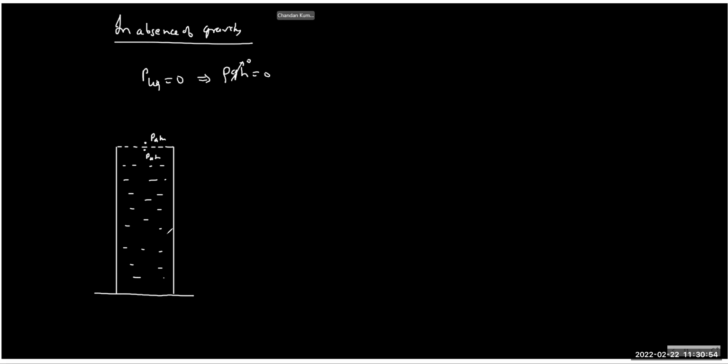Humans are as dense as water. We are almost close to water. The problem is humans are slightly denser than water, and that's why you're able to swim, because that slight difference of density we balance by applying a certain force, and with that force we balance the extra difference.